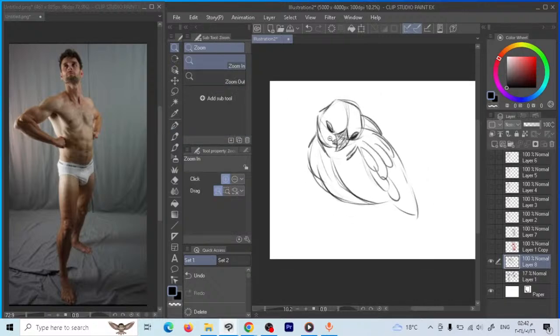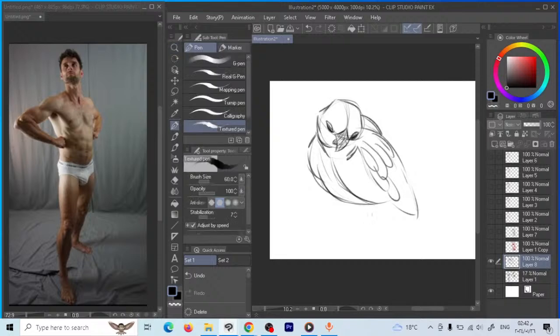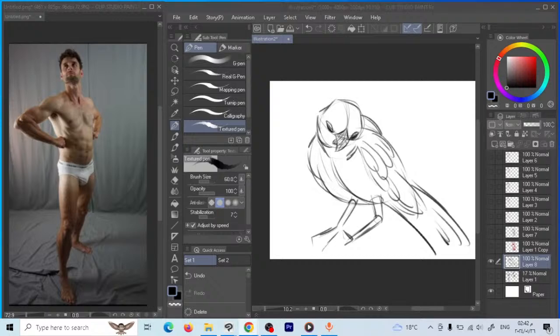Let's zoom out. Okay. And that's it. That's only a sketching way to do it. Okay? Yeah, simplification.